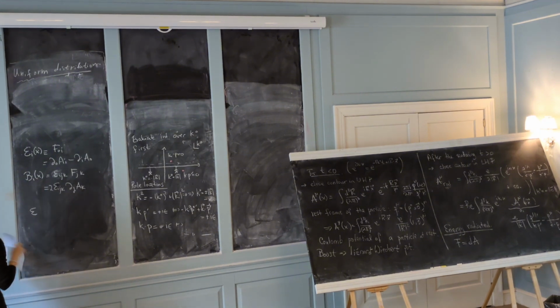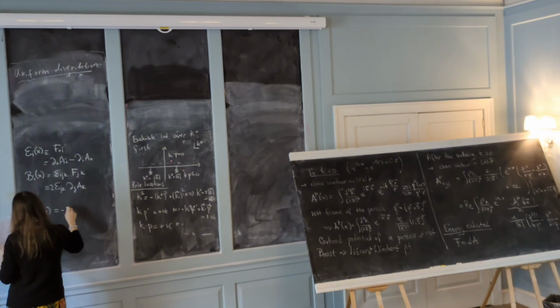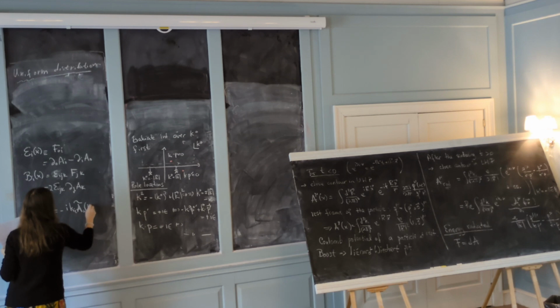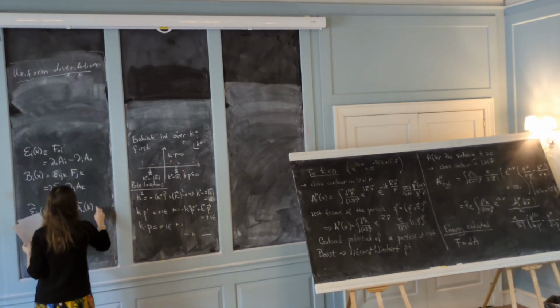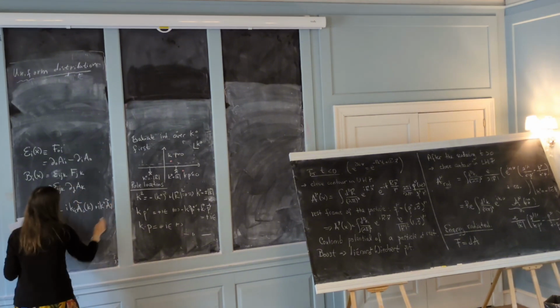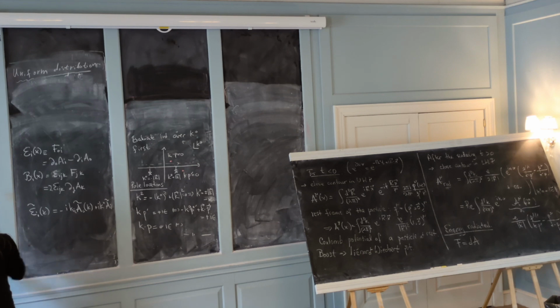And so we find that the electric field tilde is minus i k_i a_0 plus i k_0 a_i. Whenever there's tildes, we have functions of momenta, so we are in Fourier space.